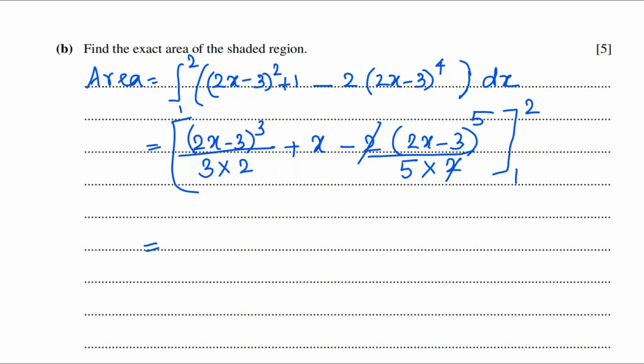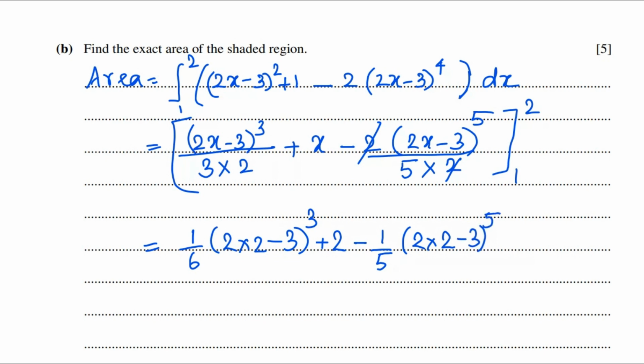First, let's substitute the upper limit 2. So this will be 1 over 6 times (2 times 2 minus 3) the whole cube plus 2 minus 1 over 5 times (2 times 2 minus 3) the whole power 5.